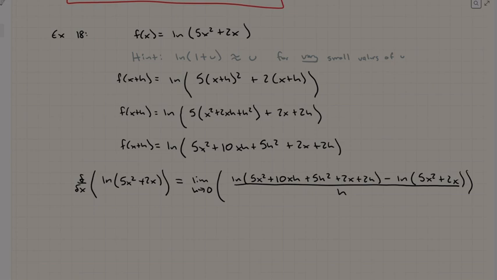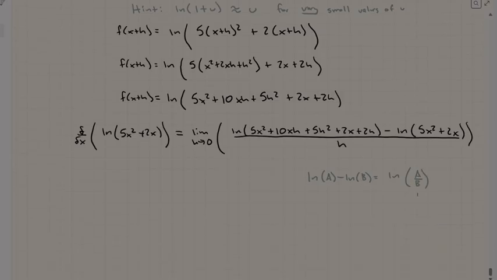All right. We talked about this earlier, right? Remember, if we have an ln of a minus an ln of b, we can combine that under the same log as ln of a divided by b.